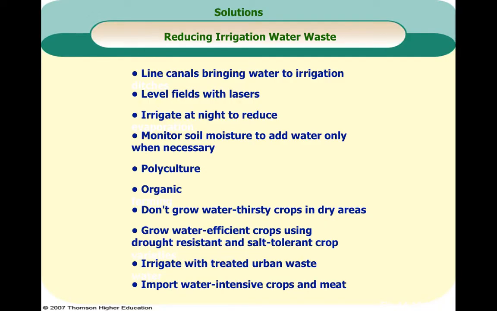And here, these are some solutions for reducing irrigation. Line canals bringing water to irrigation. Level fields, and it keeps going on. Create polycultures. We'll get into that with soils. Monitor your soil moisture to add water only when necessary. Don't grow water-thirsty crops.